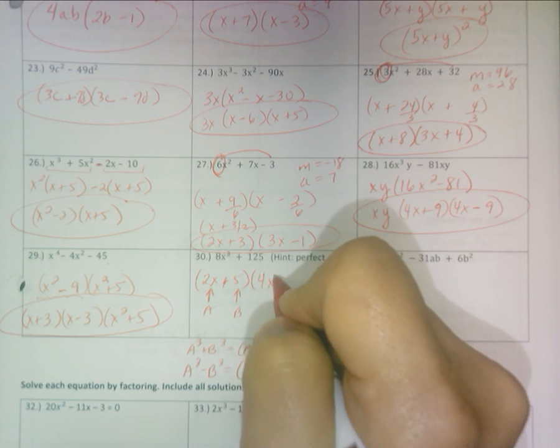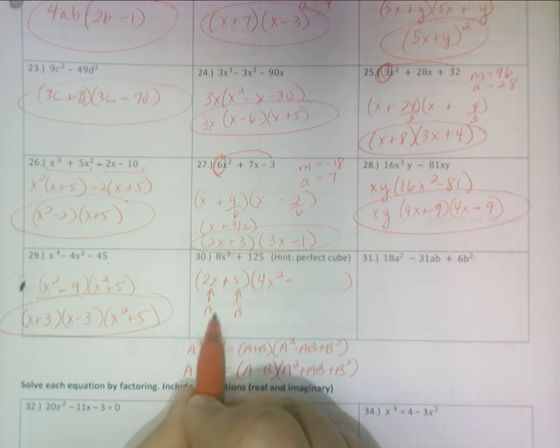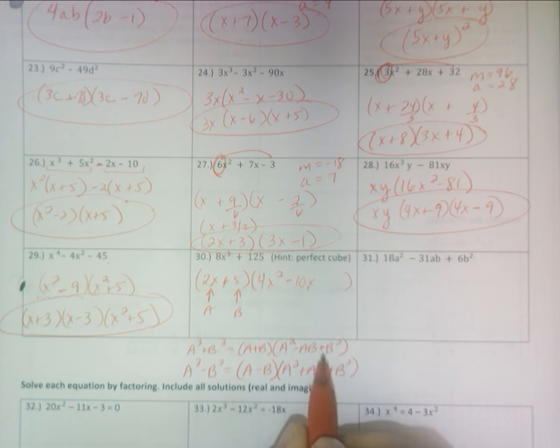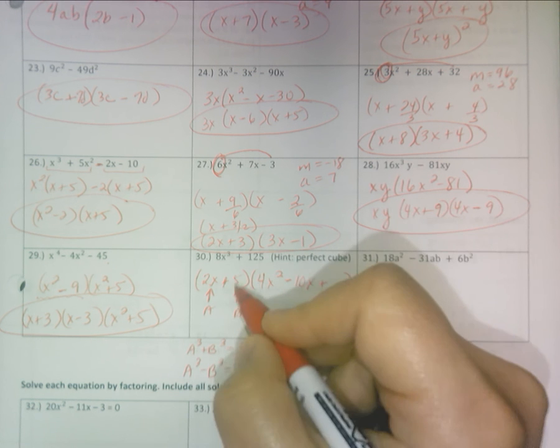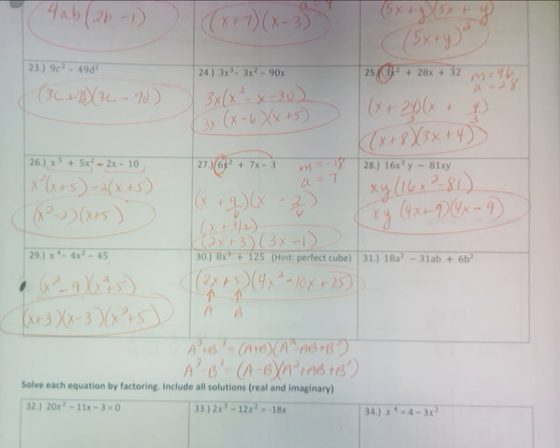That would be 4x squared. Then you put minus, multiply a and b together. 2x times 5 is 10x. And then put plus the b squared. 5 squared is 25. And that is how you do a perfect cube. If I had put a minus here, you would just follow this formula.